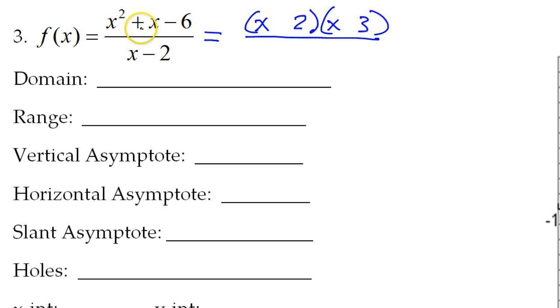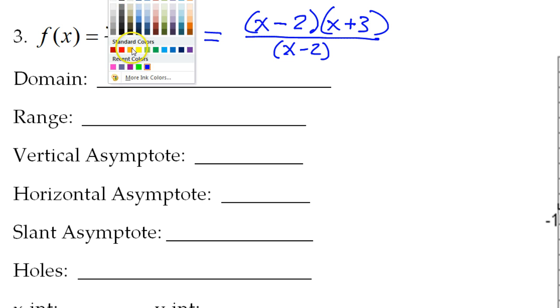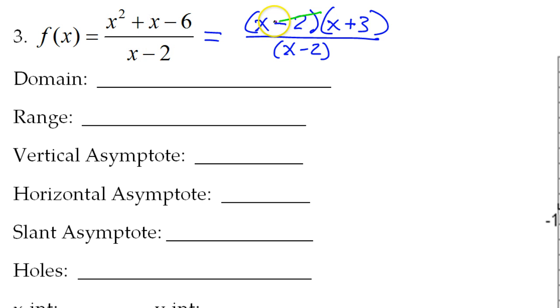And to make a positive 1 in the middle, we'll need a negative 2 and a positive 3, which also gives us negative 6. But as you can see, that factor matches the factor in the denominator. So those are going to cancel out.